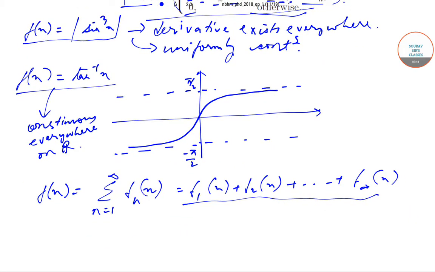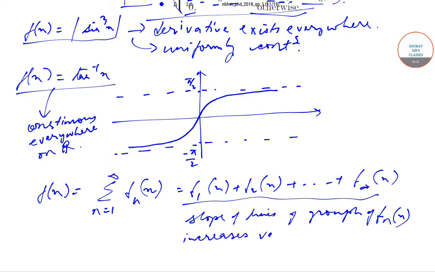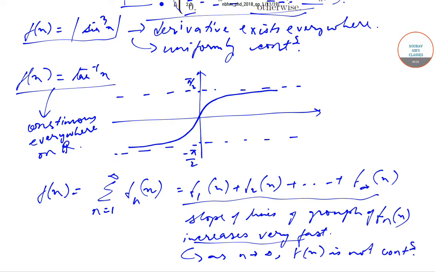In simple terms, the slope of the lines of the graph of f_n(x) is somewhat narrow for f_1(x), more narrow for f_2(x), and that narrowness goes on, and the slope increases very fast, which shows that as n tends to infinity, f(x) is not continuous. This is the condition. So we can say that option C is wrong.